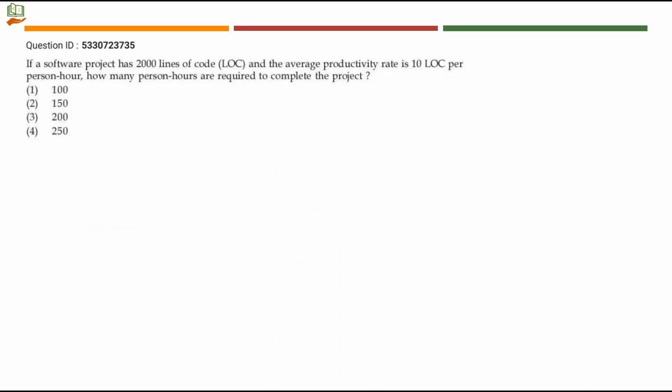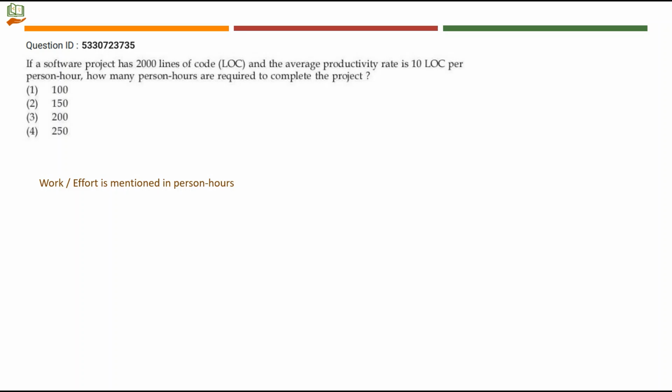Next question. If a software project has 2000 lines of code, LOC, and the average productivity rate is 10 LOC per person hour, how many person hours are required to complete the project? So we will first understand what is actually this person hour. The work or the effort is actually mentioned in person hours unit.